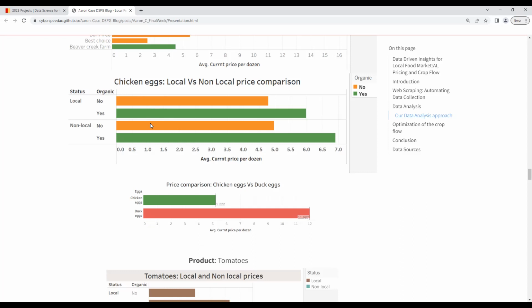But when we talk about a product which is local and organic versus a product which is organic but not local, there is a significant price difference. This gives an opportunity for farmers to promote that if you buy eggs that are local and organic, they're going to be cheaper compared to eggs which are non-local and organic.